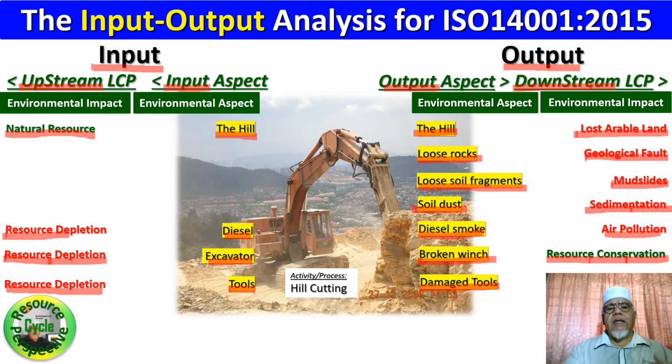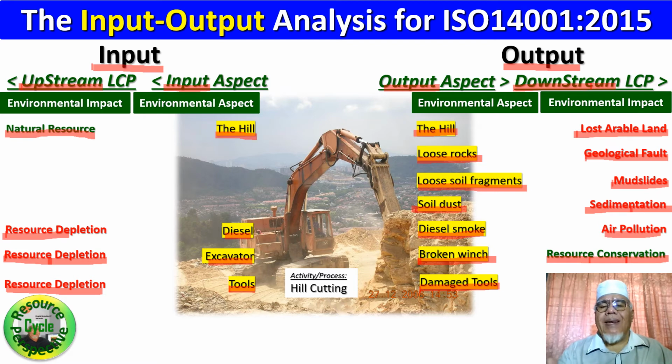Okay, so this is the input output analysis format that I hope you have, and this will make us see what are really our environmental aspects. And we now know these are all the environmental aspects that we got to manage, if we are going for environmental management system as per ISO 14001 version 2015.